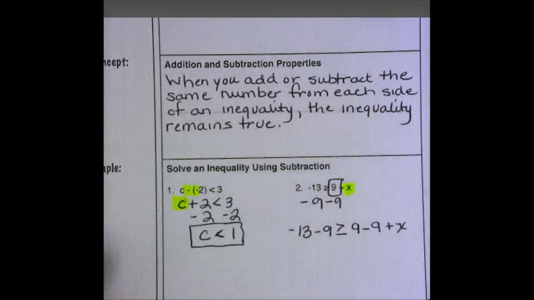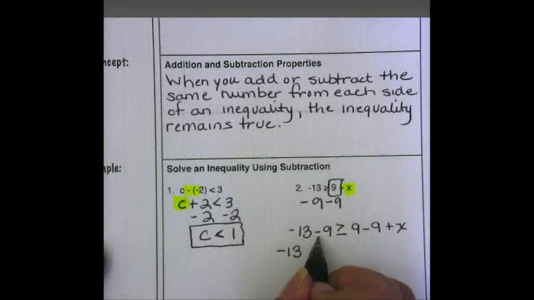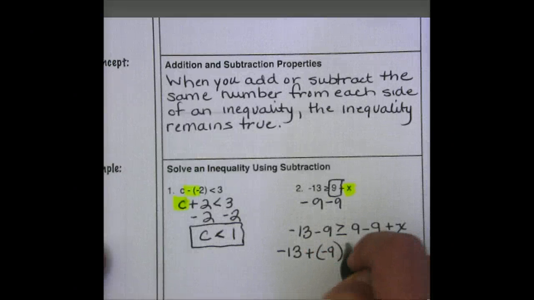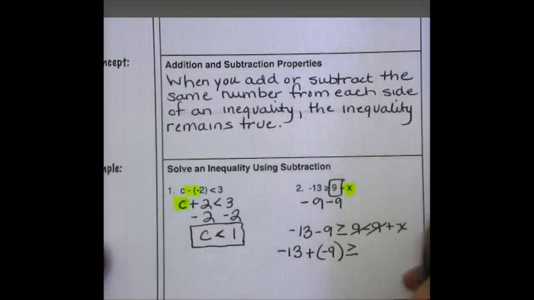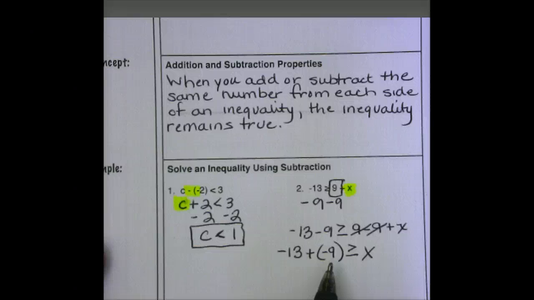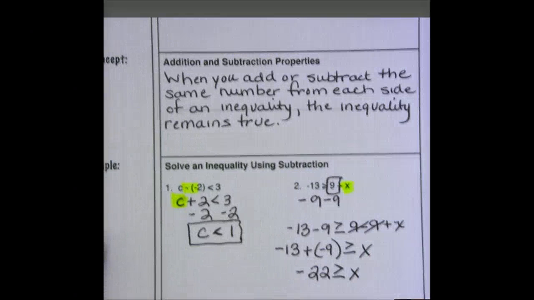Side to side is sometimes easier for you to see. So negative 13 minus 9: remember your subtraction rule is same, opposite, opposite. Those two cancel, and we're left with x, and negative 13 plus negative 9 is negative 22. So negative 22 is greater than or equal to x.